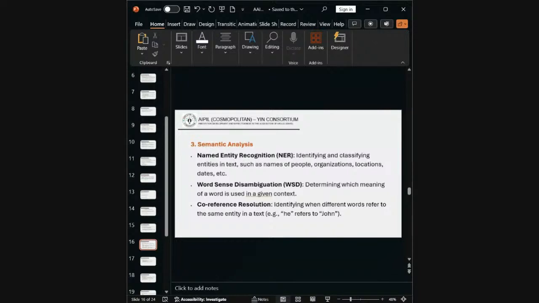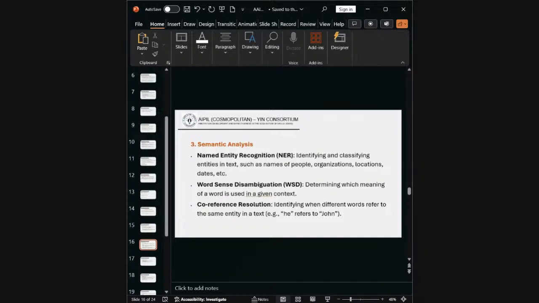That's why we call it named entity recognition. And then we have determining which meaning of a word. You remember what I just said? We're trying to analyze the syntax first, and now we are analyzing the semantics. Do you get it?